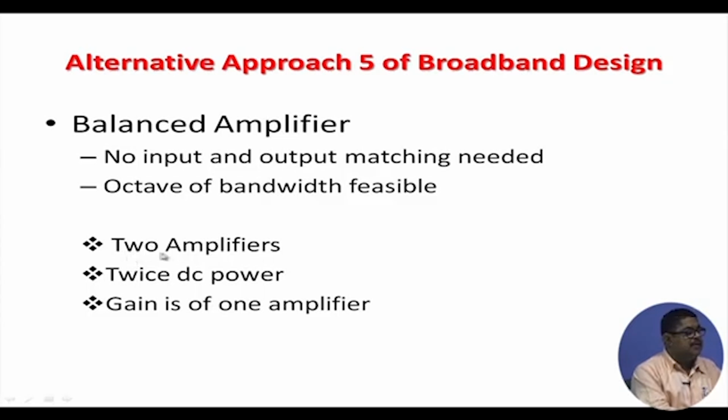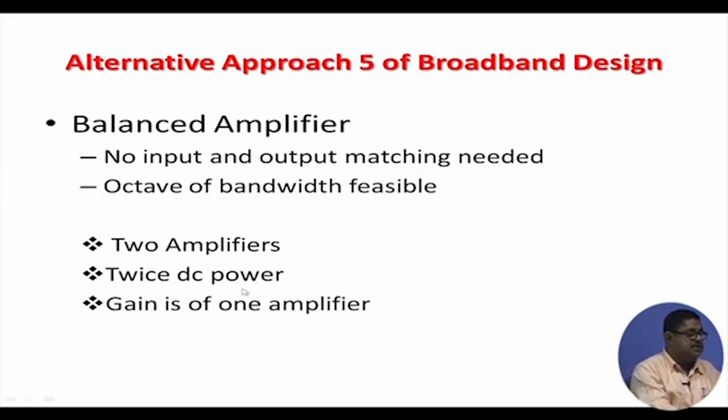This balanced amplifier uses two amplifiers, that means two active devices. Instead of one transistor, we have two transistors, and so obviously the DC power requirement is twice. DC power is actually used for biasing, so that bias DC power is not of any value for wireless transmission.